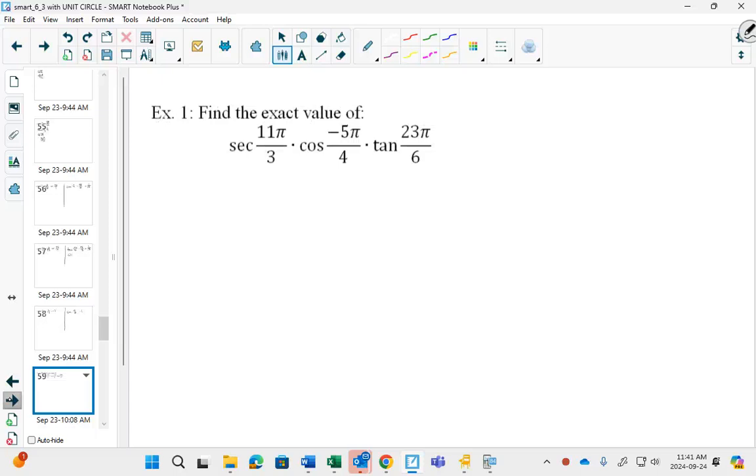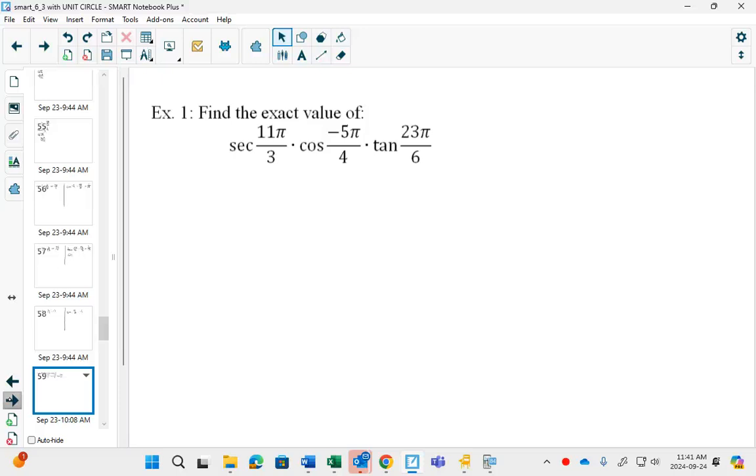How does the exam like to ask these questions? The exam likes to ask these questions usually 3 at a time. 3 coterminal angles at a time, and then make you do some simple arithmetic with them. Okay? I'm going to show you the work that I kind of would expect for this.